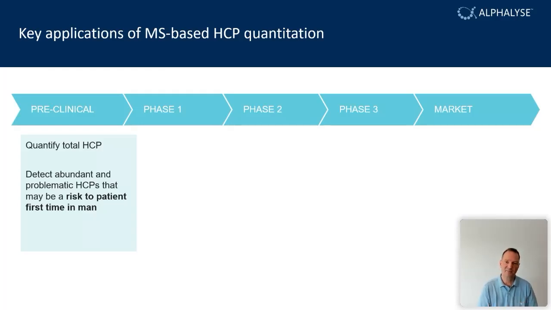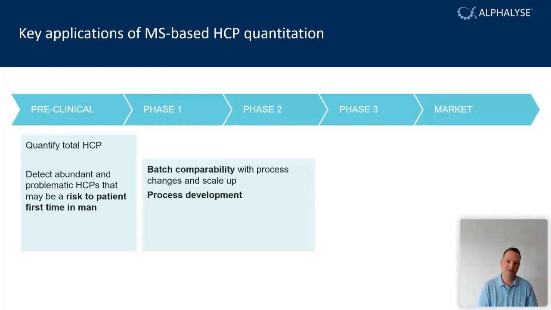At the BEPA Wholesale Protein Conference, Novartis actually stated, when first time you go into man, you're always a little bit concerned. Are there safety risks? Could there be some abundant or problematic HCPs that your ELISA didn't detect? So just to be absolutely sure, they decided that they will do mass spec on all their preclinical samples before they move into man first time.